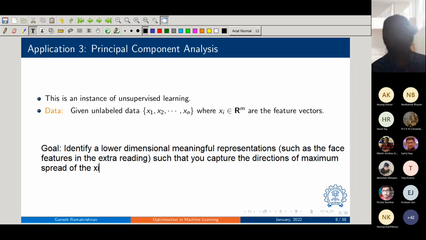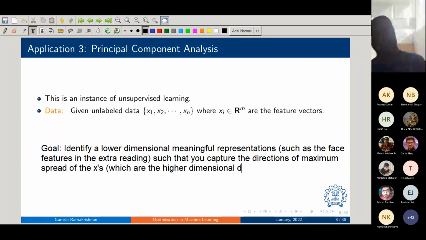So the x's are the higher dimensional data. We are trying to find a lower dimensional meaningful representation of the higher dimensional data such that the directions of maximum spread are captured, and this is basically like saying the variance. This amounts to basically finding the variance directions, right?